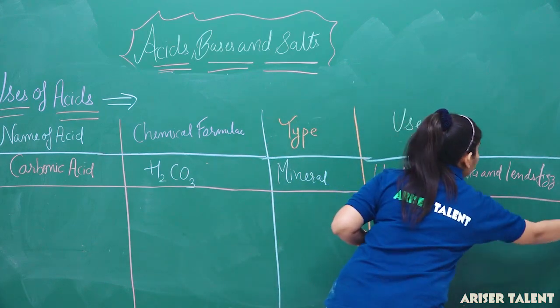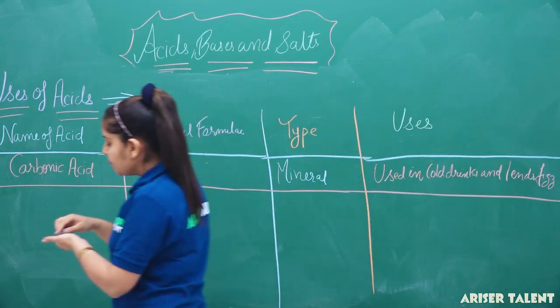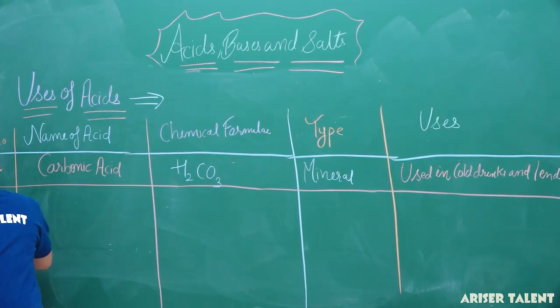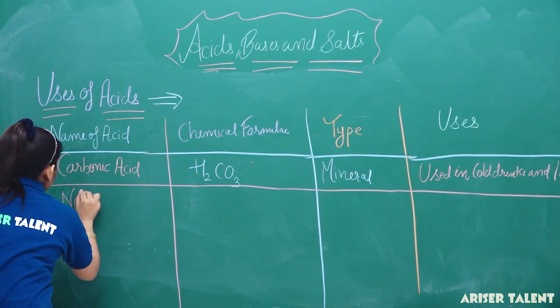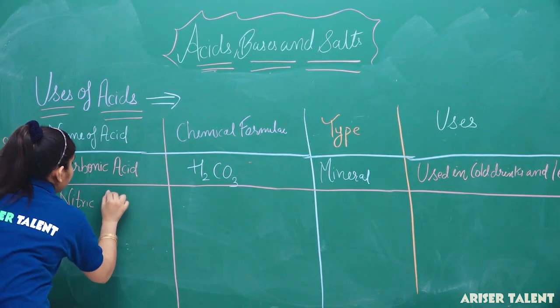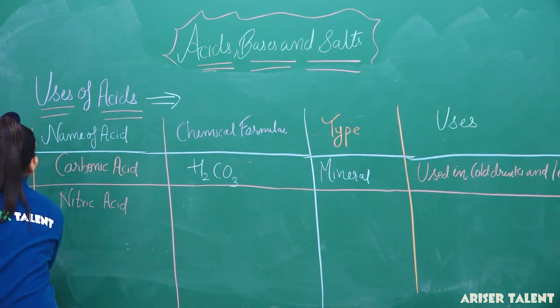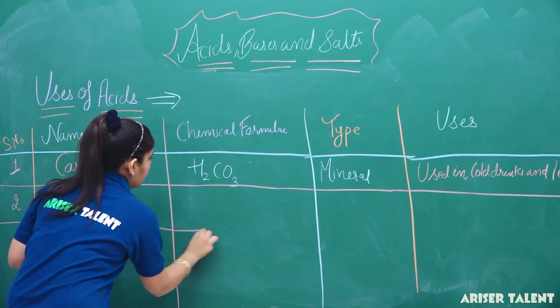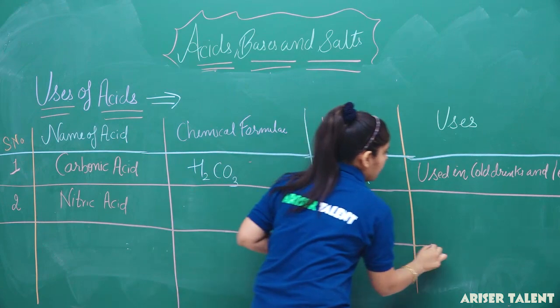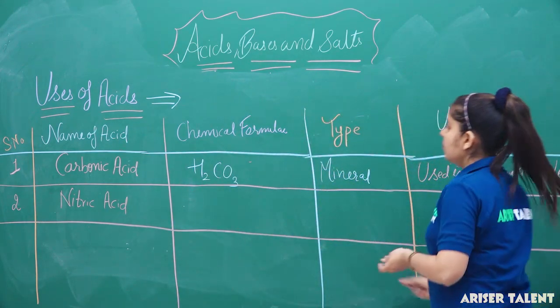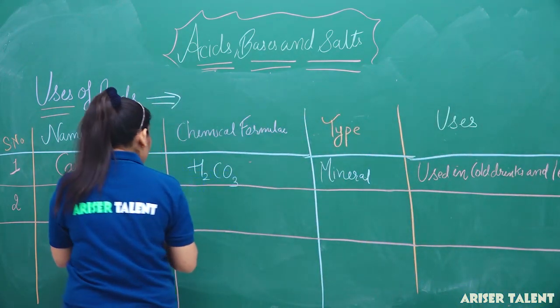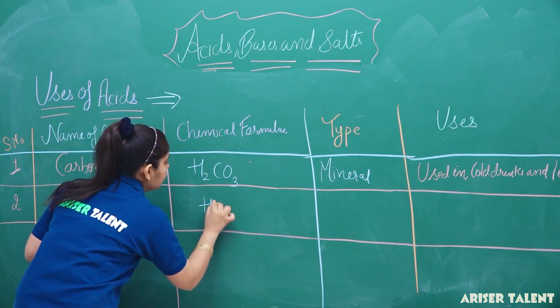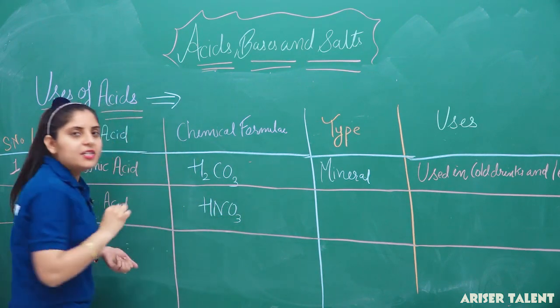Now the second mineral acid we have is nitric acid. Nitric acid is having a general formula, that is HNO3.